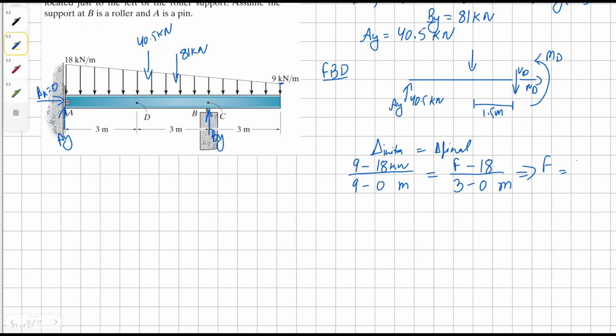Solving for F, we get our solution as 15 kilonewton per meter. Now we can use this 15 times 3, so that will give us 45 for our rectangular portion. And then for our triangular part, it's going to be 15 take away 18, which is 3, times half times 3 gives us 4.5 kilonewton, and this is going to be 1 meter away from E.